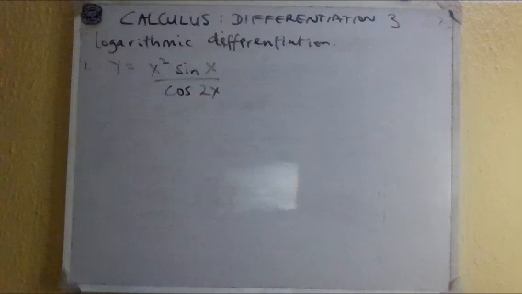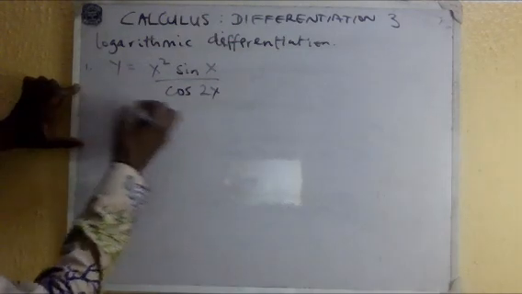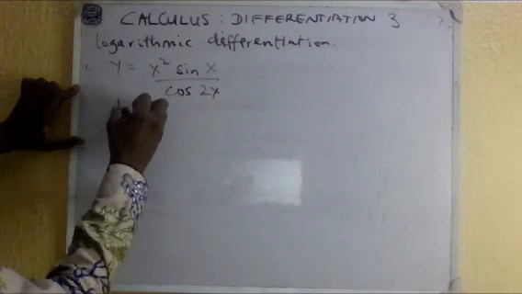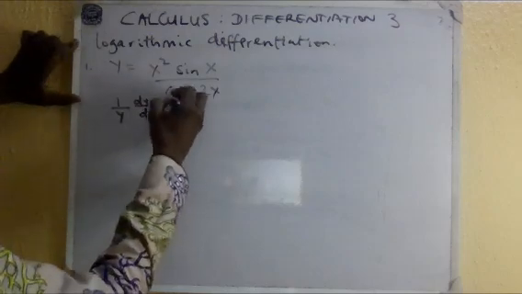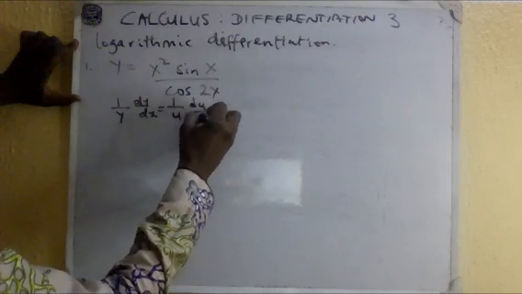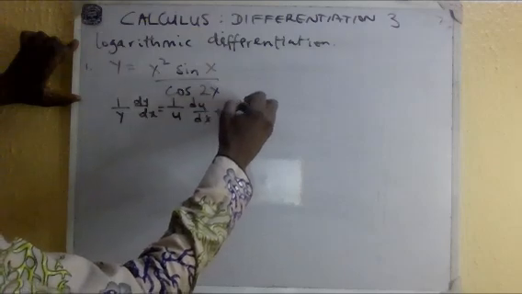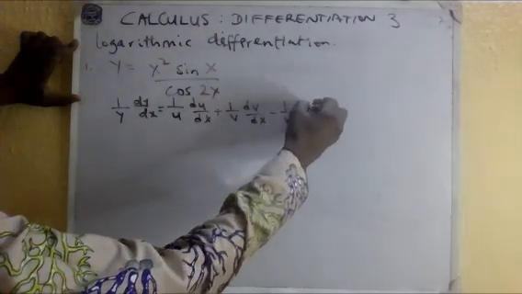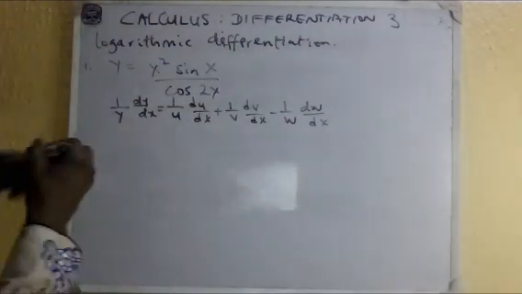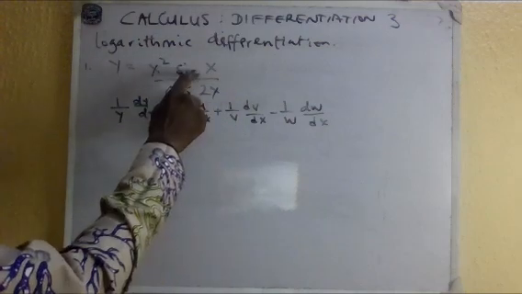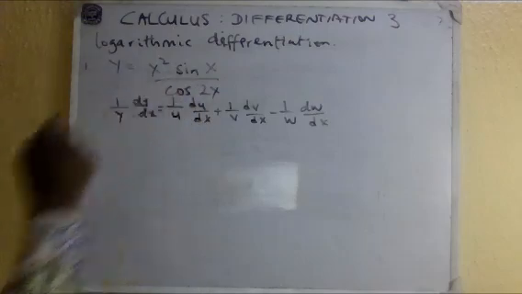So applying the technique for logarithmic differentiation, I will now say 1 over y dy/dx is equals to 1 over u du/dx plus 1 over v dv/dx minus 1 over w dw/dx. Now, u is equals to x squared, v is equals to sine x, and w is equals to cos 2x.